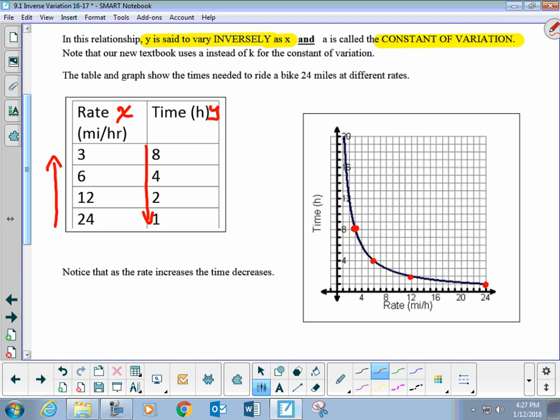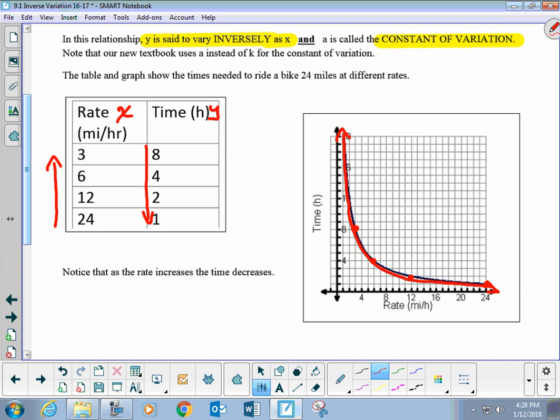Now, we've seen that graph before. We're going to give it a name again in just a second. But this is what happens with inverse variation. My graph comes down from an asymptote and usually ends up at another asymptote. It is a decreasing function.